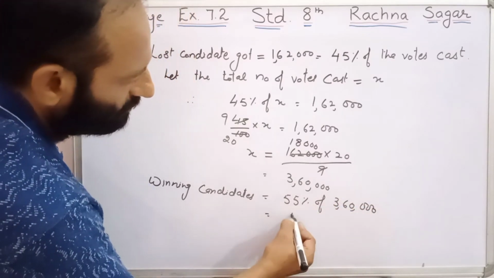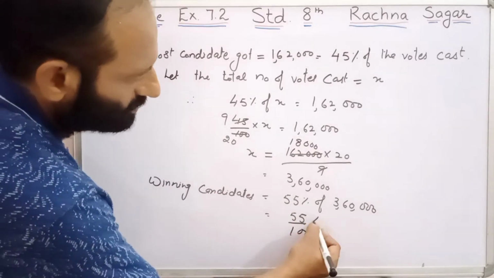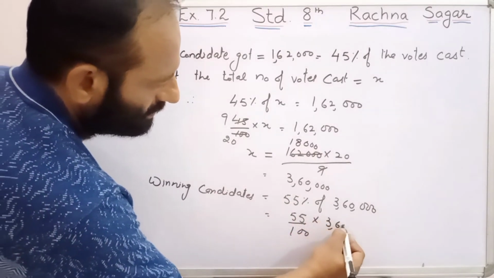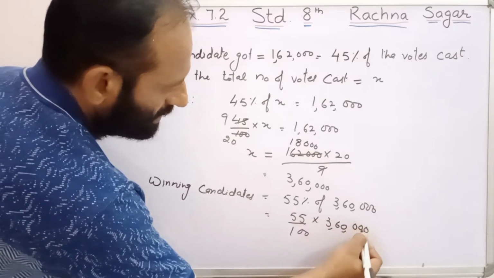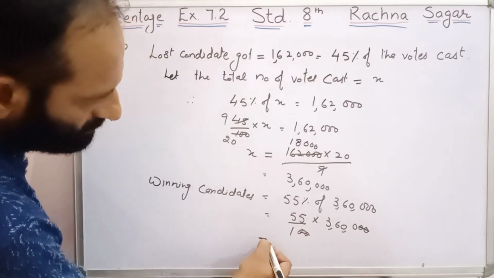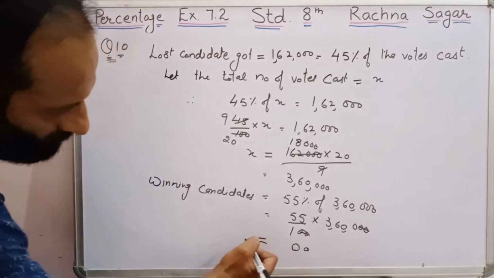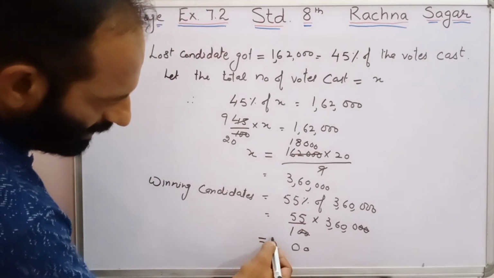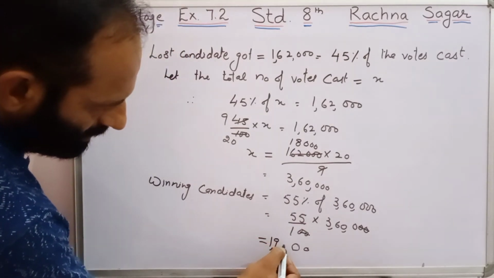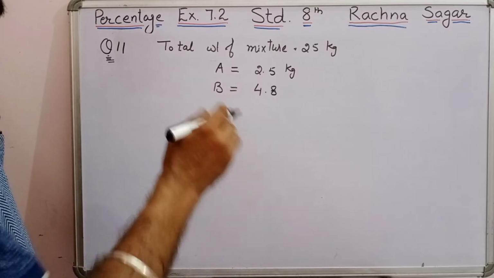It is equal to 55 over 100 into 3,60,000, and it comes out to be 1,98,000.